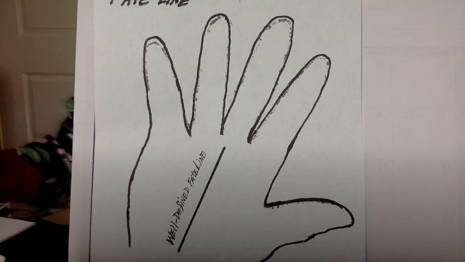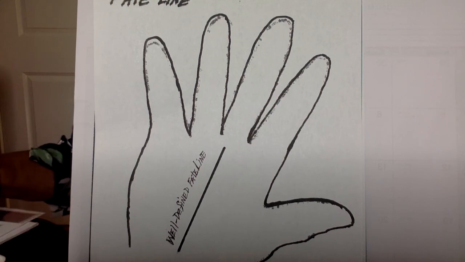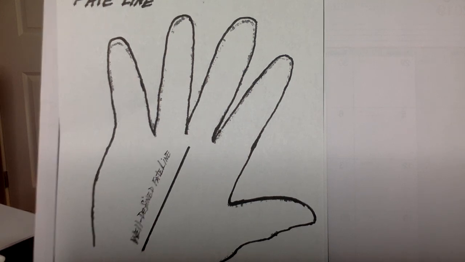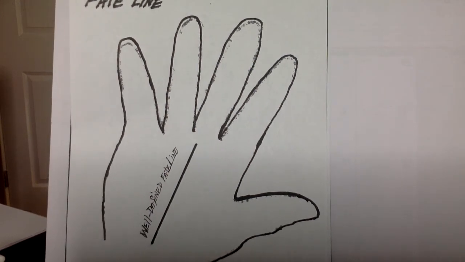All right? Center of the palm to the middle finger. And now, that's not bad. When a line is well defined, the individual has established a clear sense of their own character and has goals they want to achieve. So ideally, this is a great line, having your line look like this.